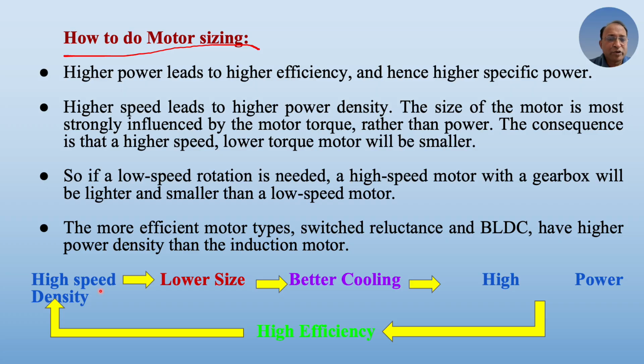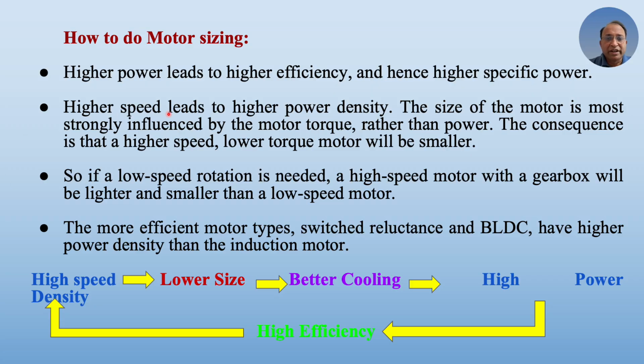And naturally when we choose a high speed motor, as we have just seen in a table, a high speed motor will essentially mean a smaller size, that is its weight. Here the meaning of size is basically the specific power, kilowatt output per kilogram. So we compile this, and the final thoughts are that high power leads to higher efficiency and hence higher specific power.